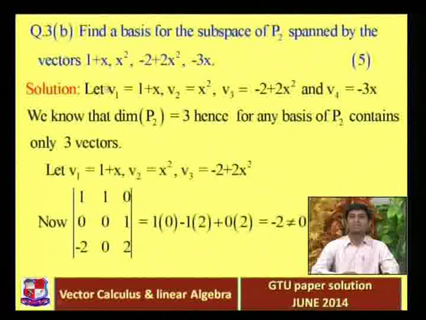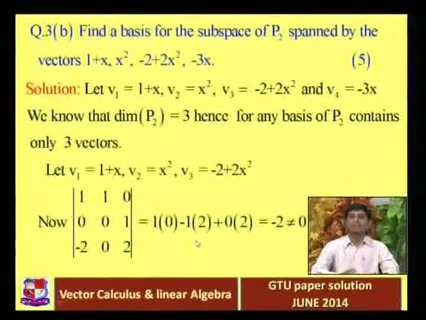So consider the first 3 polynomials v1, v2, v3: 1 + x, then x^2, and then -2 + 2x^2. So the first row is 1 1 0, the second row is 0 0 1, and the last row is -2 0 2. We want to find the determinant.